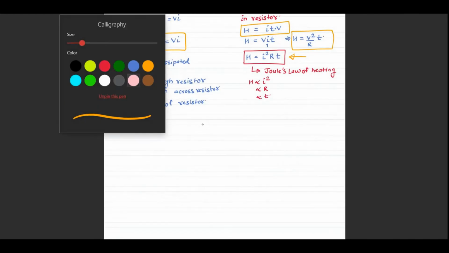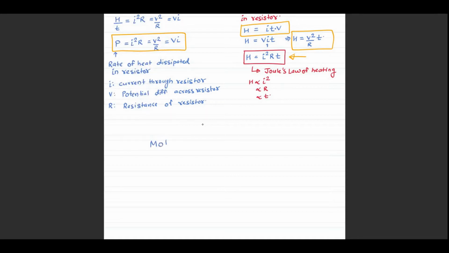For example, if you consider a motor, when you give input to it, part of it will be converted to heat, but some part of it will be converted to, say, mechanical energy of the rotating fan. So equipment can use the electrical energy in some other form also.